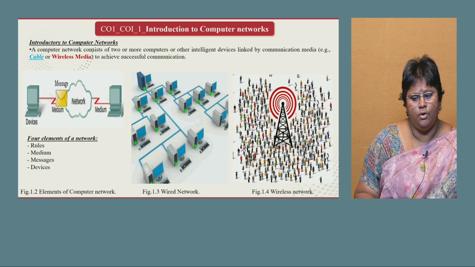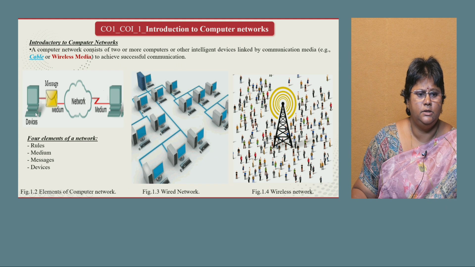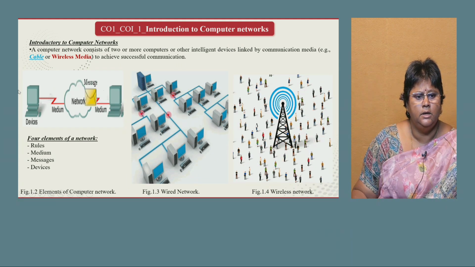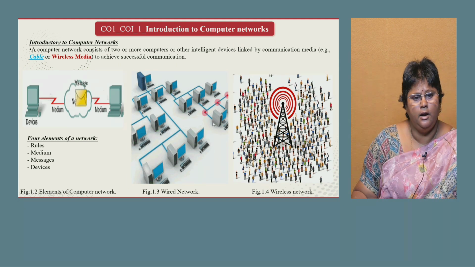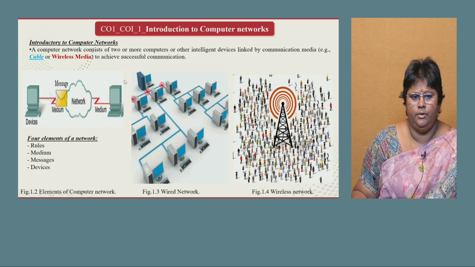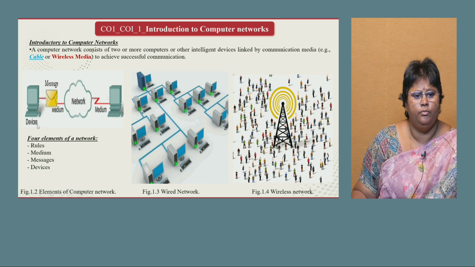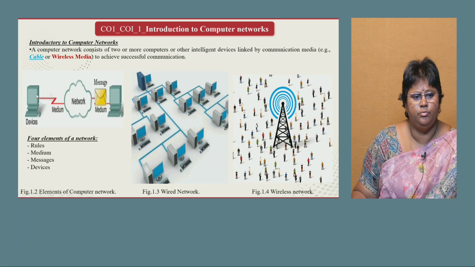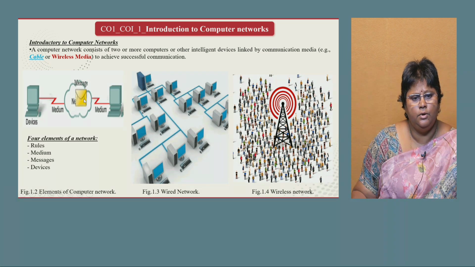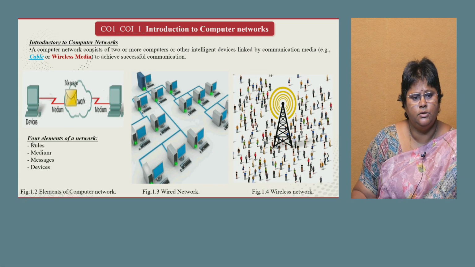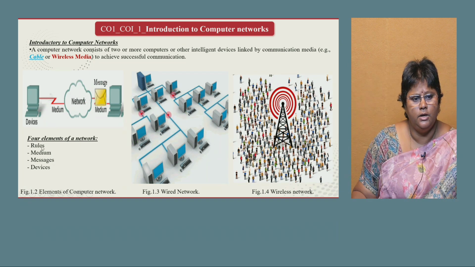These rules are also called protocols. Now you can see here there are 2 devices. This one is the transmitting device, and this one is the receiving device. When the message or information is passed between these 2 devices, we have to follow some rules and regulations. Those are called rules.